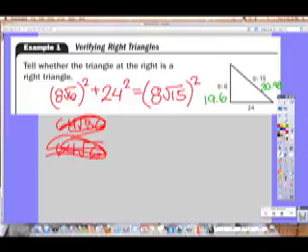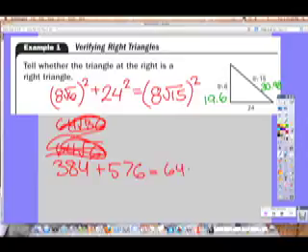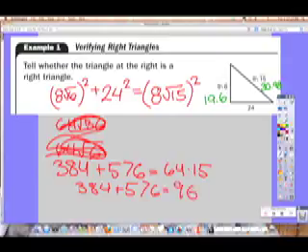384 plus 576 equals 64 times 15. So you get 384 plus 576, and if you add those together, it's 960.